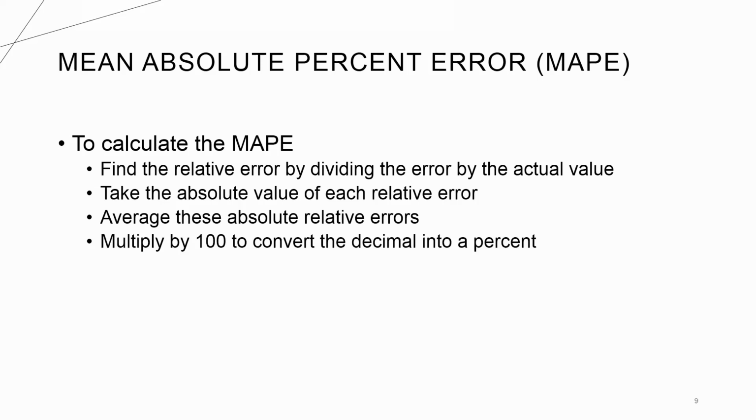If you think that's the same, then MAD is maybe what you want. But what if my guess was off by 10 this month when the actual value was 80, and then my guess was off by 10 next month when the actual value was 800?